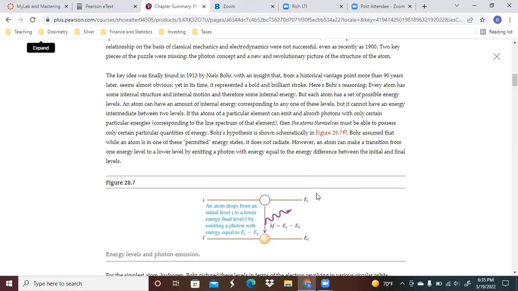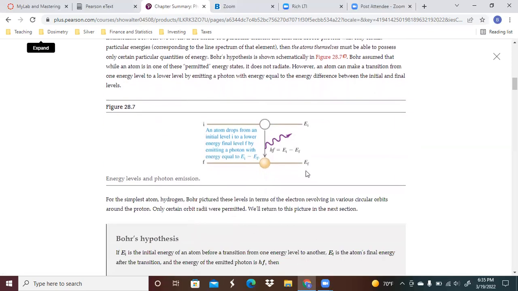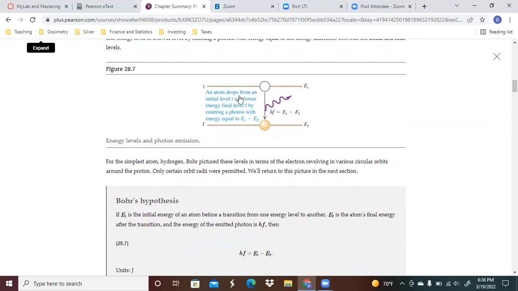However, the atom can make a transition from one energy level to a lower level by emitting a photon with energy equal to the difference between the initial and the final. In other words, an atom drops from an initial level to a lower level by emitting a photon, which is basically a way of carrying away energy that it no longer needs.